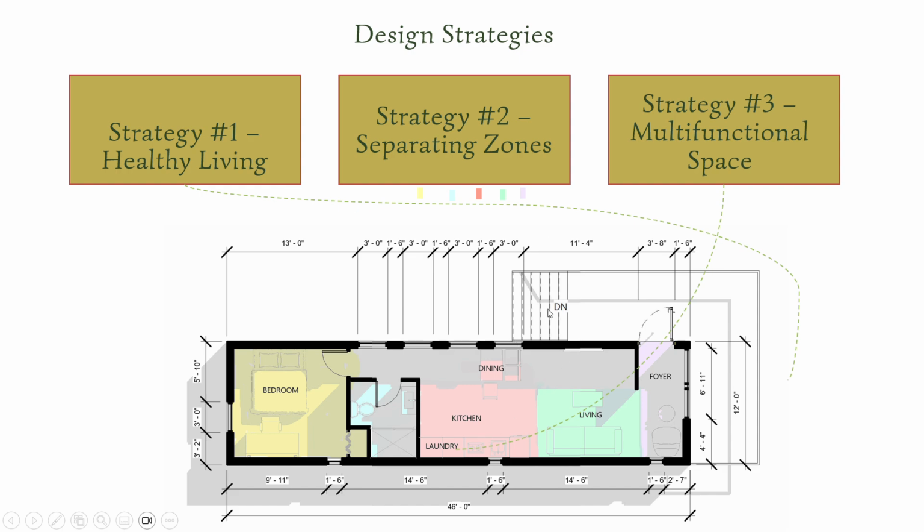The other is organized spaces, separating out the bedroom, washroom, kitchen, living room, and foyer, so that everything goes in a linear way but still has its own identity. And also making it multifunctional if it's required.